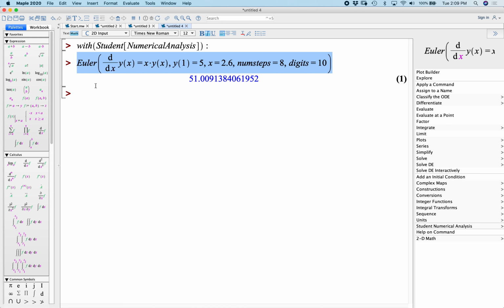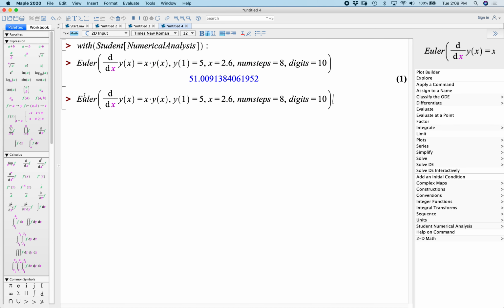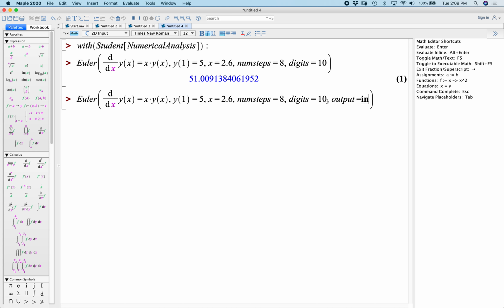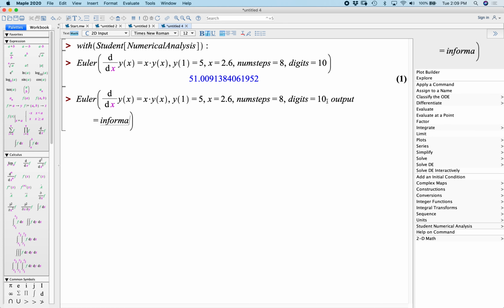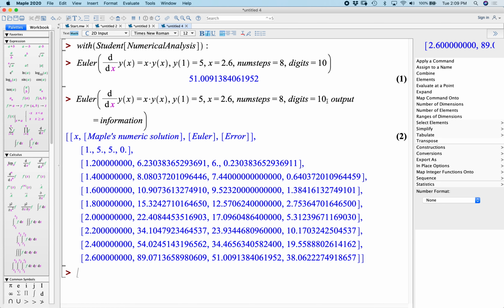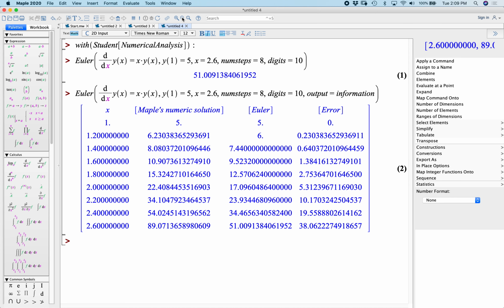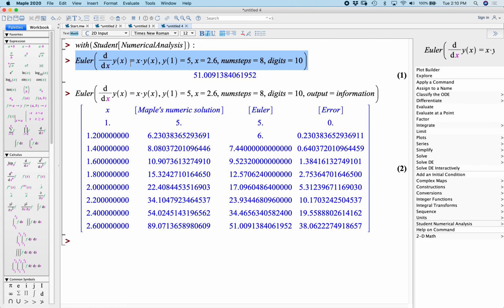Just looking at the comparisons, and how this is lined up, if you notice, you have Maple's numeric solution and the Euler approach, and notice we have a huge error in this particular regard.